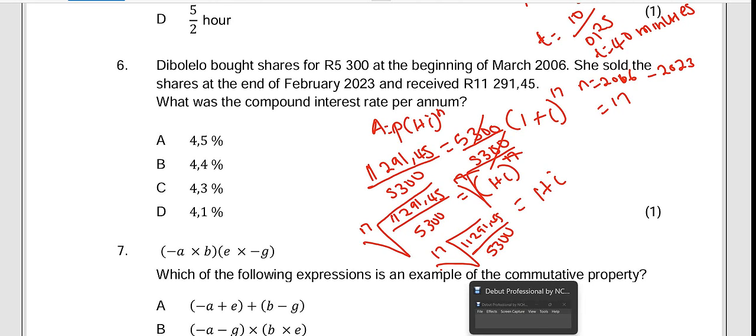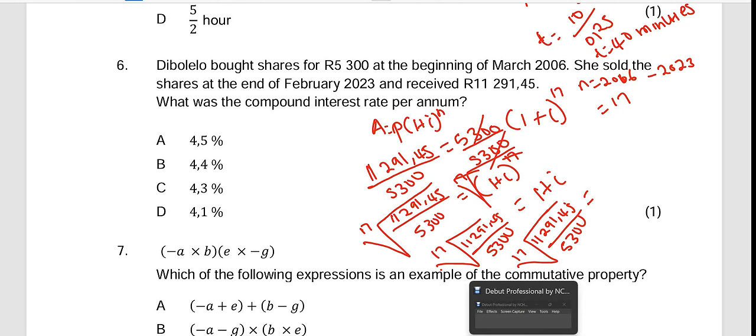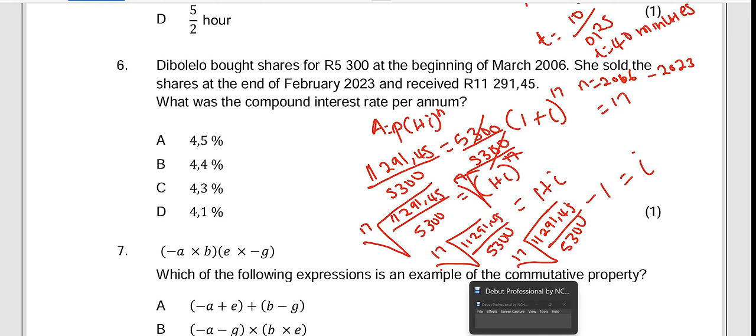I'll take this 1 to the other side, so it's minus 1, equals I. And when we're looking for I, we need to multiply by 100, everything that we have.